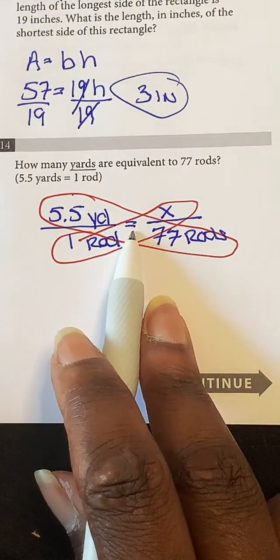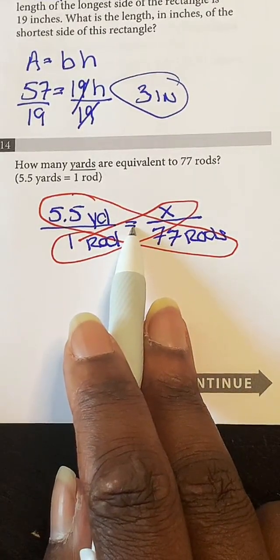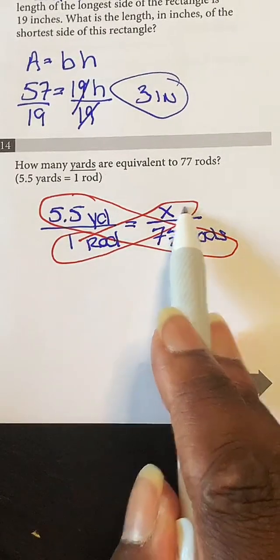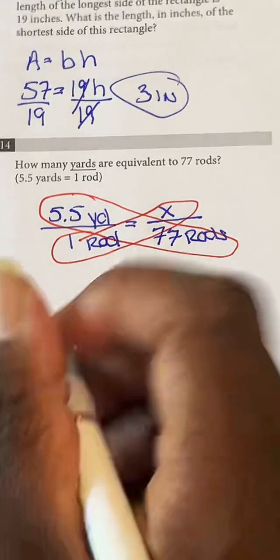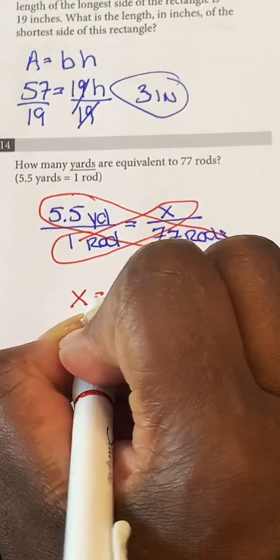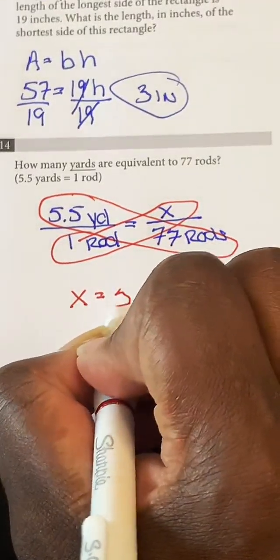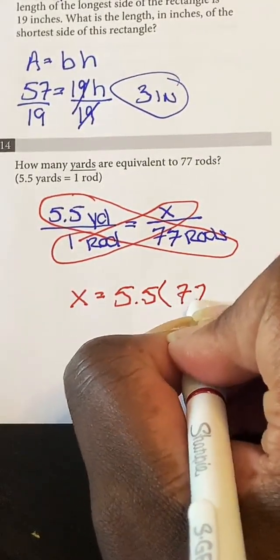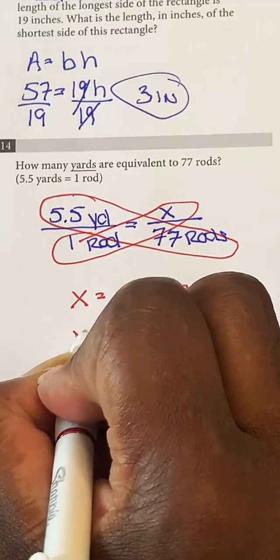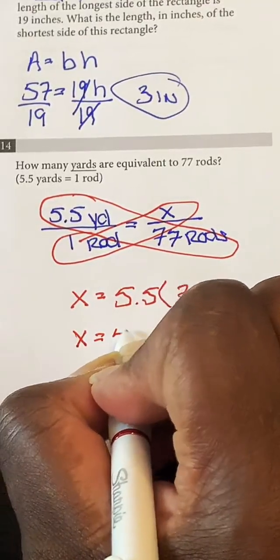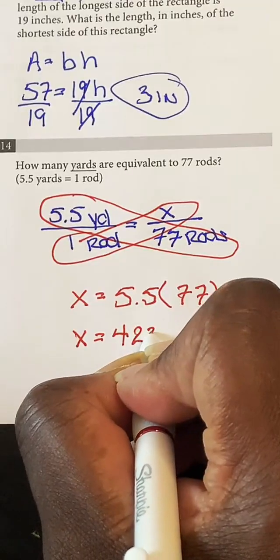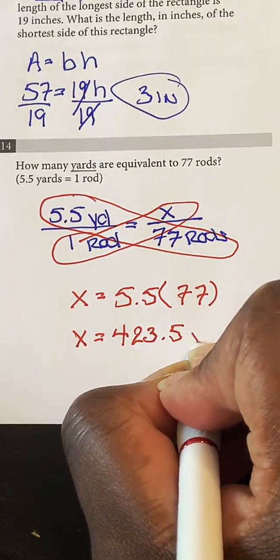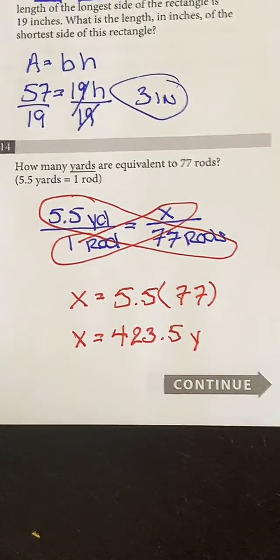Equal sign, cross multiply. Multiplication sign, cross simplify. So since it's an equal sign, I'm going to cross multiply. 1 times x just gives me x. And then you have your 5.5 times your 77. That's how we get that answer of 423.5. So that's how many yards.